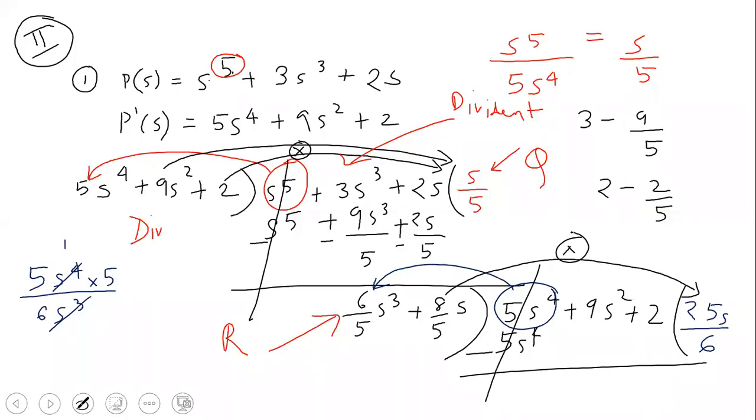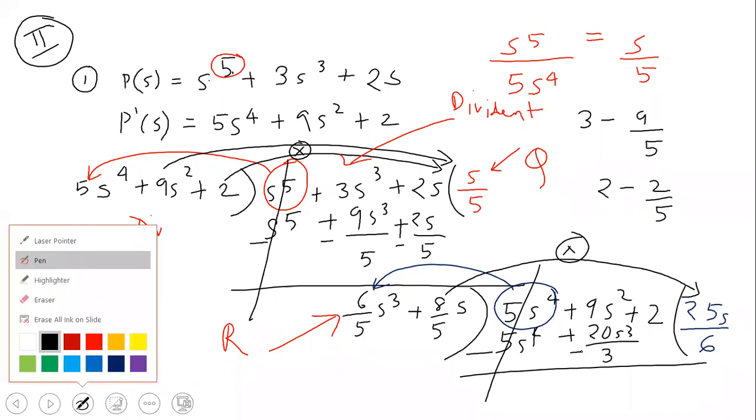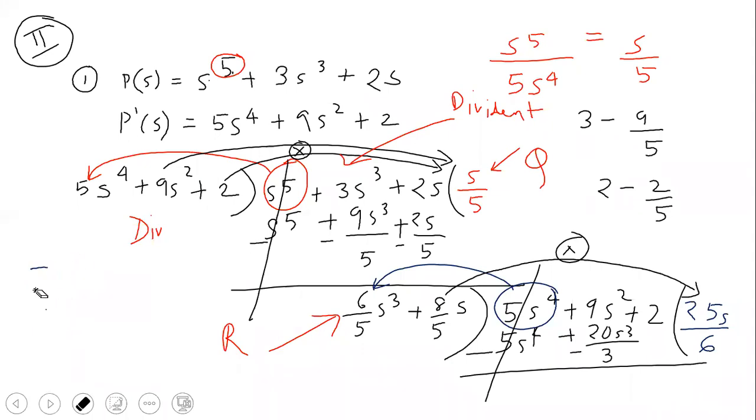मल्टीप्लाई करेंगे आप. So when you multiply this, I think you should get 20s cube upon 3, जिसका आप नेगेटिव लेंगे. सो नेगेटिव लेके आपको जो वैल्यू आने वाला है, that answer is 9 minus 20 by 3. So tell me how much is 9 minus 20 by 3? 9 minus 20 upon 3, so that's going to be like 7 by 3.